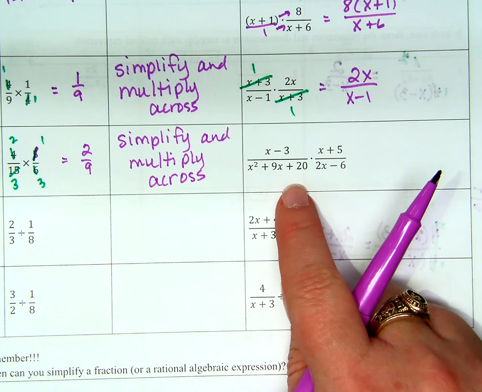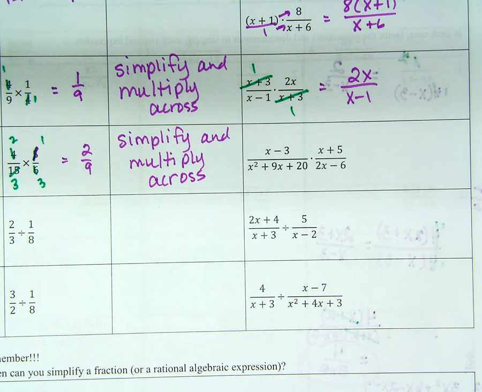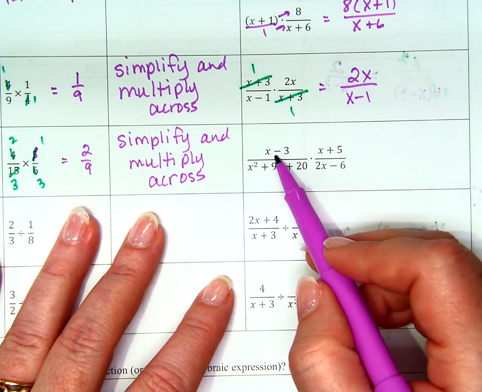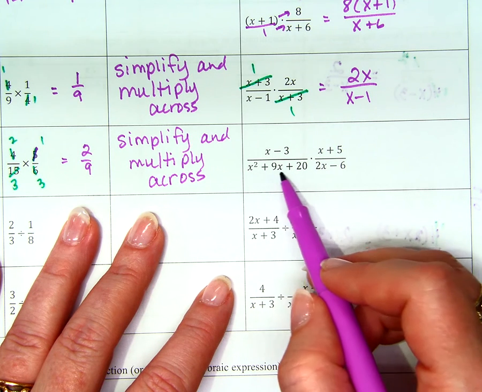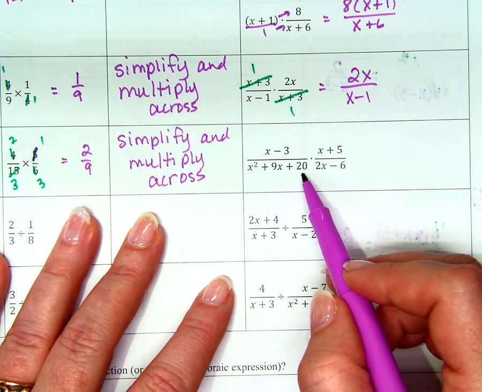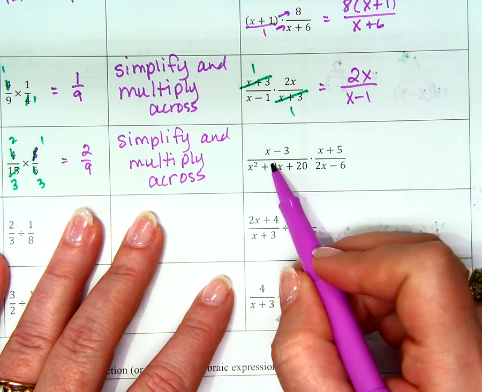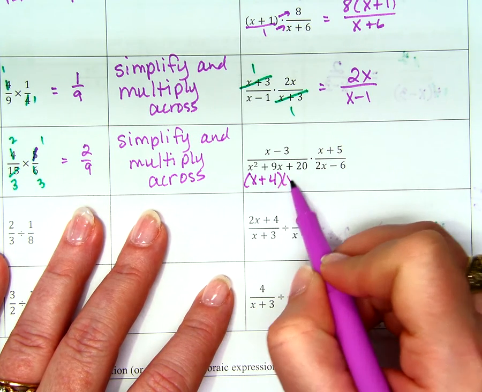Okay, now here's where it gets hard, right? Still not? Okay, so x minus 3, can I do anything with that? X plus 5, can I do anything with that? X squared plus 9x plus 20, can I do anything with that? Oh yeah, I want to factor that, don't I? Okay, what multiplies to be 20 and adds to be 9? 4 and 5, x plus 4, x plus 5.